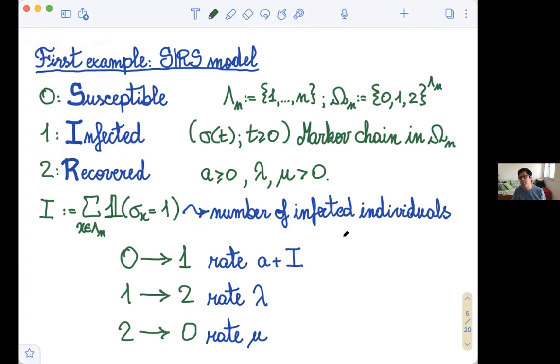So this is the SIRS model, and when A is strictly positive, then this chain is irreducible, and therefore it has a unique invariant measure, and this unique invariant measure has full support. And then you can check that this invariant measure actually puts most of the weight around this point that I was mentioning.